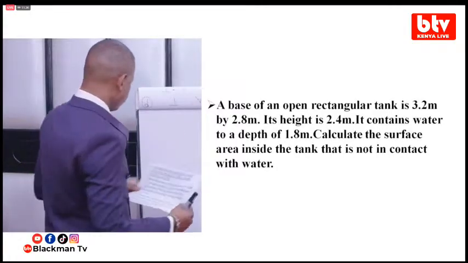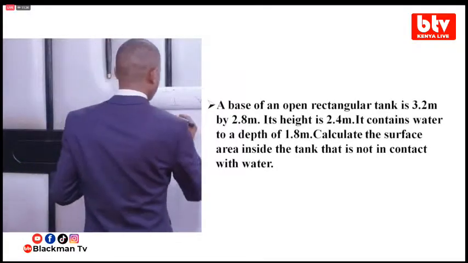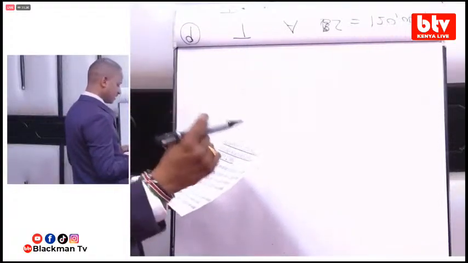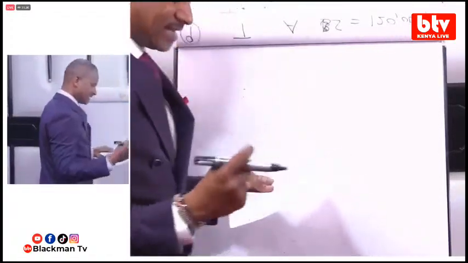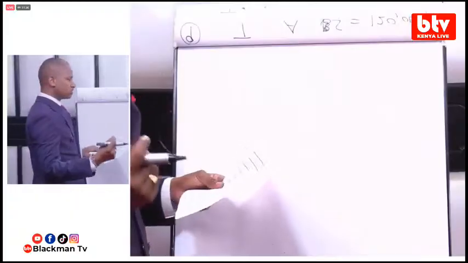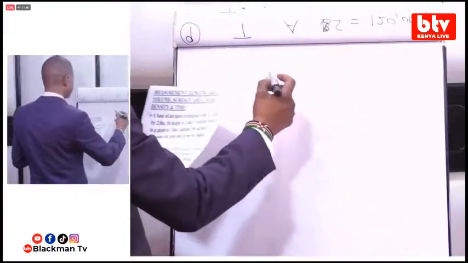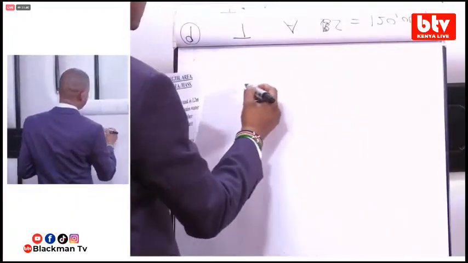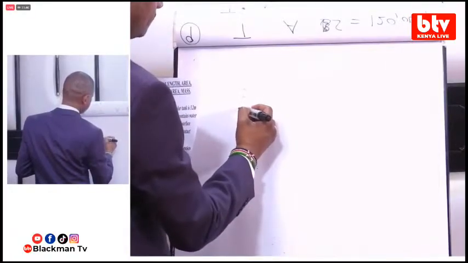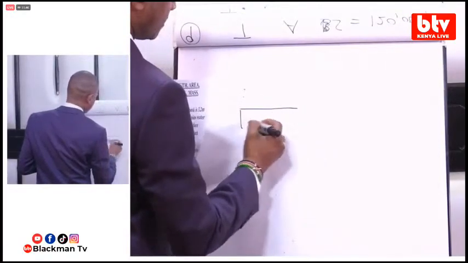Class, be very keen with such questions. They want the surface area inside the tank that is not in contact with water. So you're told about a rectangular tank, so just draw a rectangular tank.